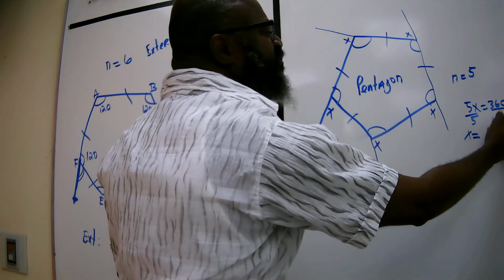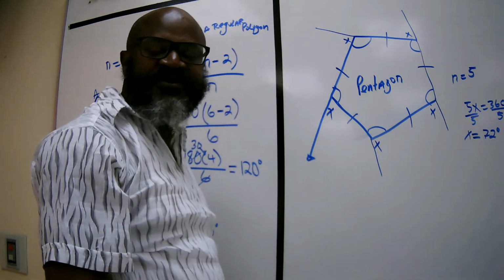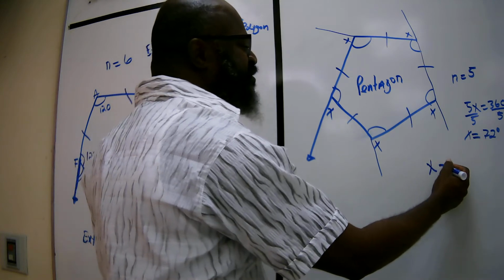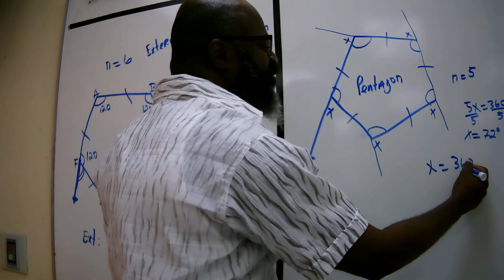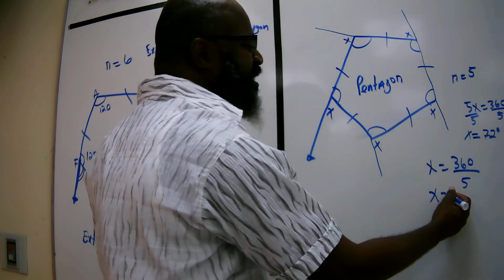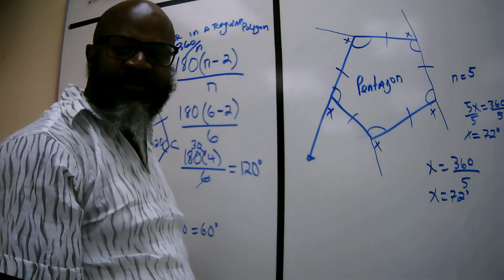That will give you 72 degrees. The exterior angle is 72. So if you don't know, you can say x is equal to 360 over n. In this case, n is 5. You'll get the same answer. That's how we write 72 degrees. That's one way to find the exterior angle.